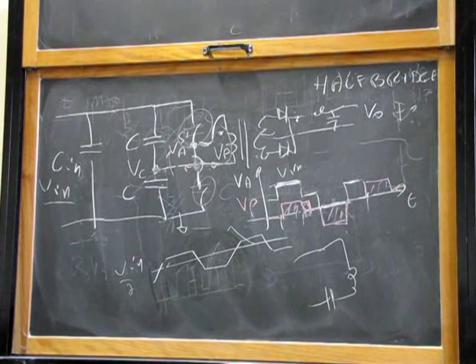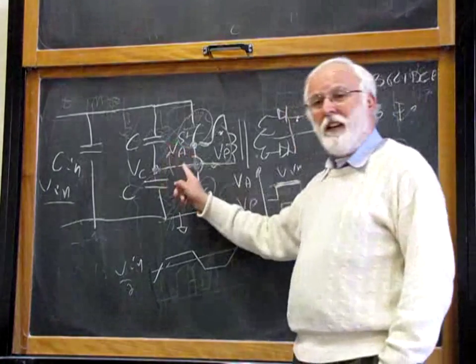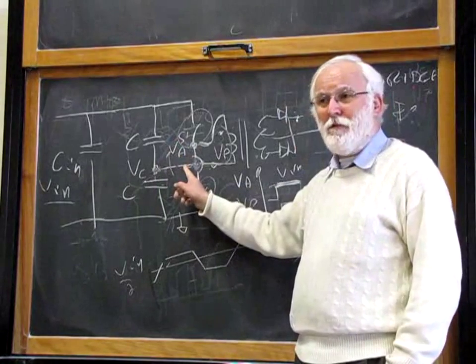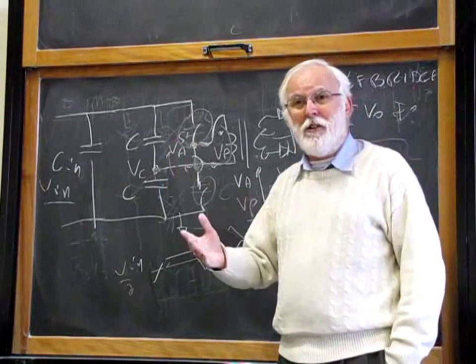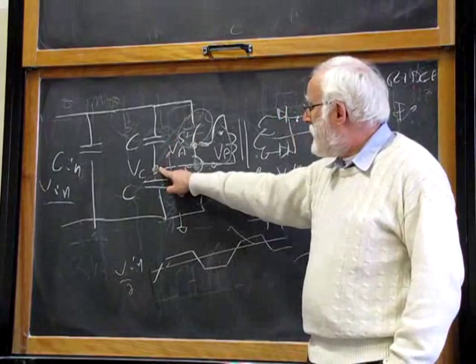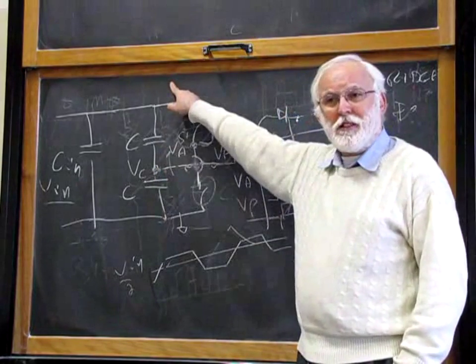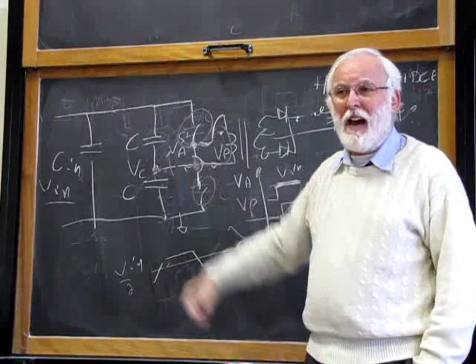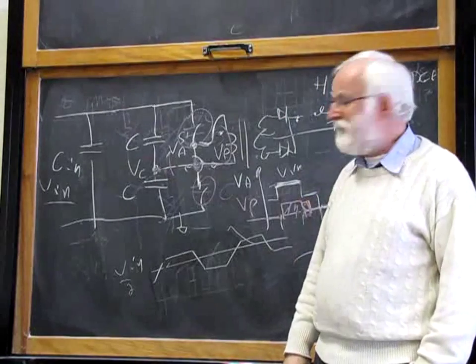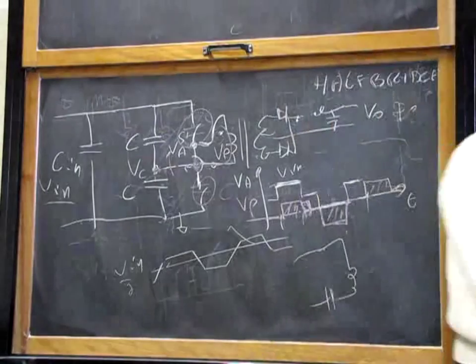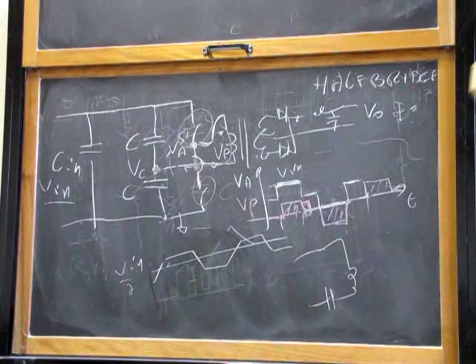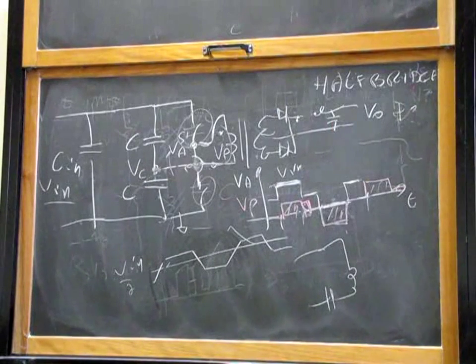Why? Because this topology intrinsically has a capacitor in series to the input. And so if we use current mode, this voltage will go down to 0 or to positive, and the system will work very badly. So this is voltage mode only. No way to use current mode.